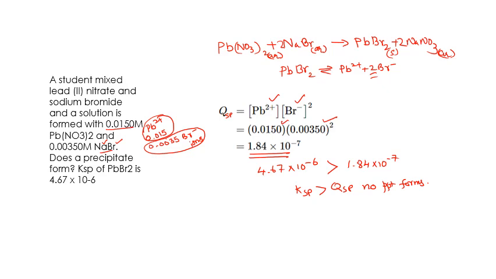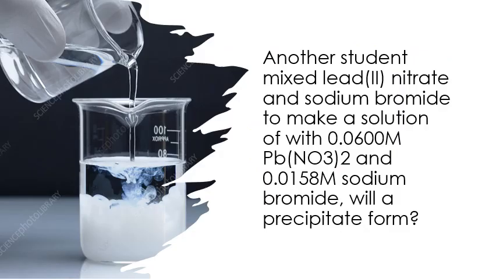Let us see the same chemicals, same aqueous solutions mixed in a different concentration. So here we can see that lead(II) nitrate and NaBr are mixed in this concentration. So what we will do, we will solve in the same method and we will see whether the Qsp is greater than, equal to or less than Ksp.